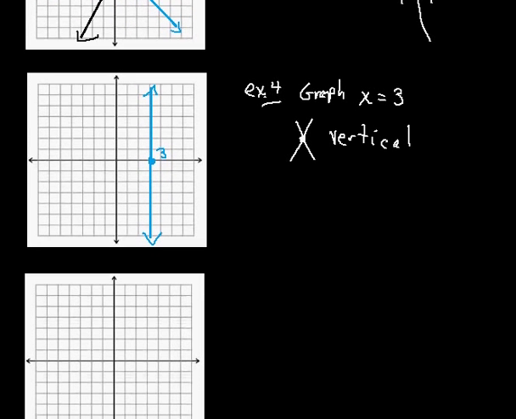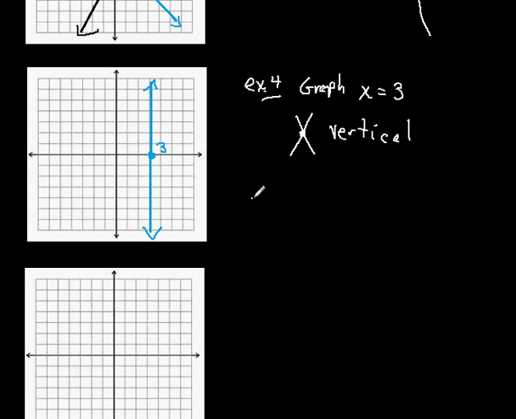Let's just try a horizontal line this time. This one's going to look like y equals 4. That means every y value is going to equal 4. And I have a little trick for that. See if you flip this y around, it looks like an H. And I always say that's for horizontal.